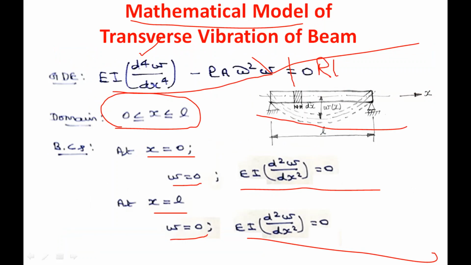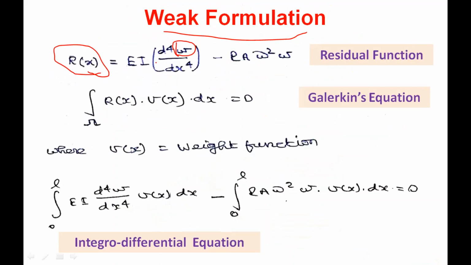That is why this equation is called a residual equation after substituting the trial function for this W. Now let us say we are going to use one trial function for this W. So we are saying that this is a residual equation or residual function.